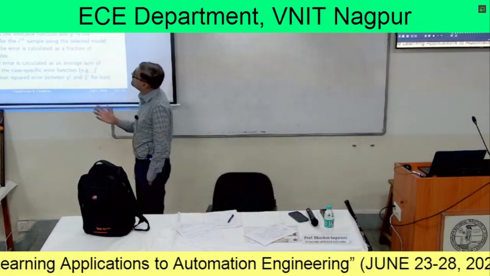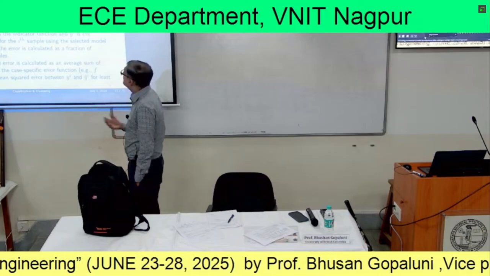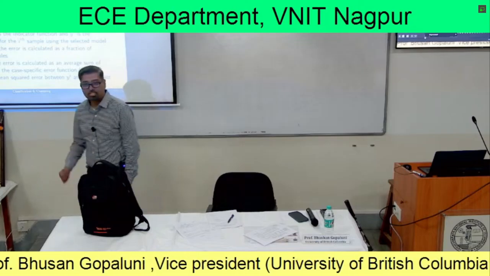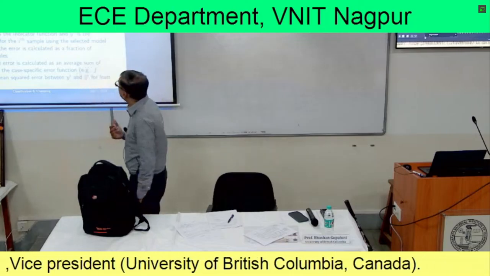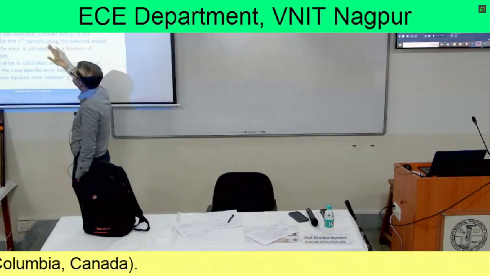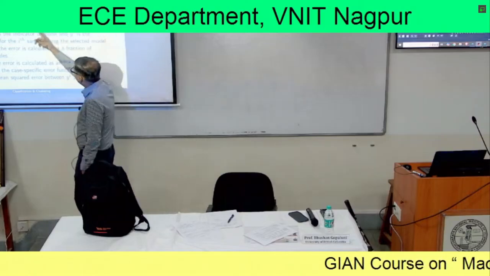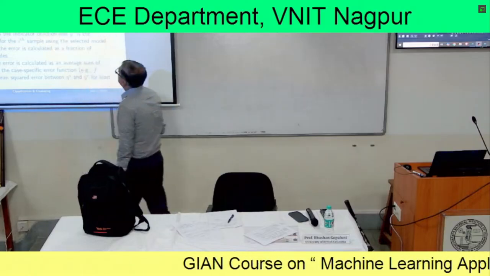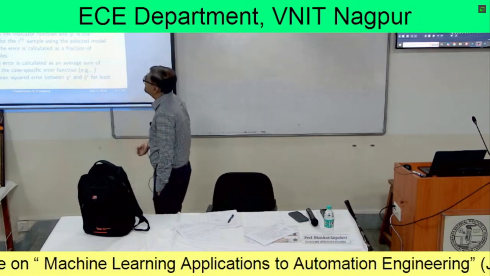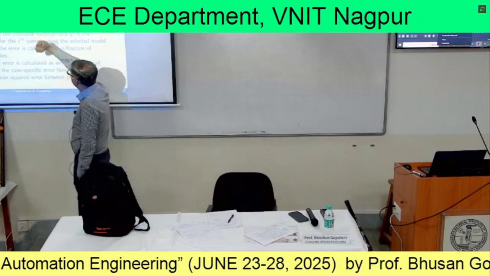Now, once you pre-process your data and once you train or validate your model, you have to assess the performance of your model. Okay? Assessing the performance of your model is very important. There are many different ways in which you can assess the performance of a model. If you have a classification model, you're looking at the fraction of mismatched or misclassified samples, which is given by this summation over here.